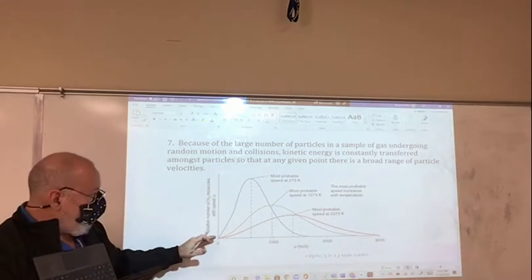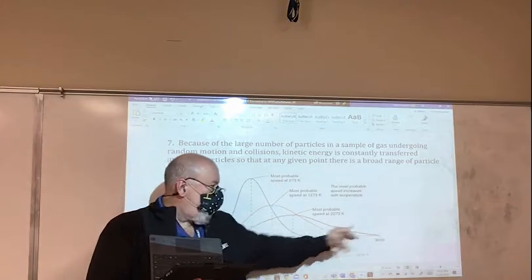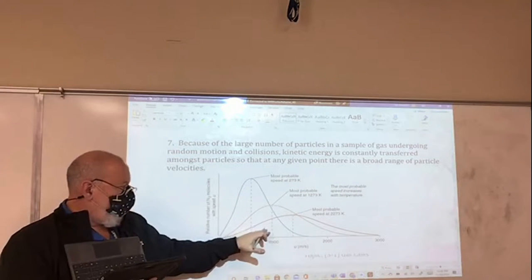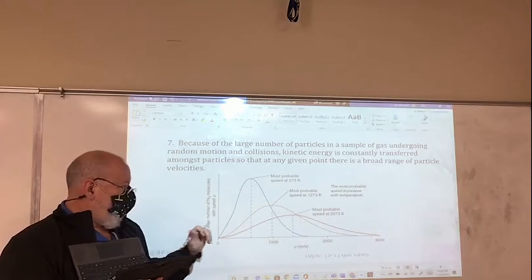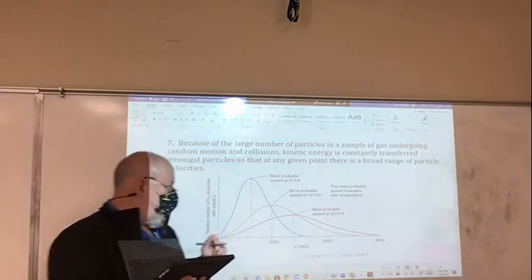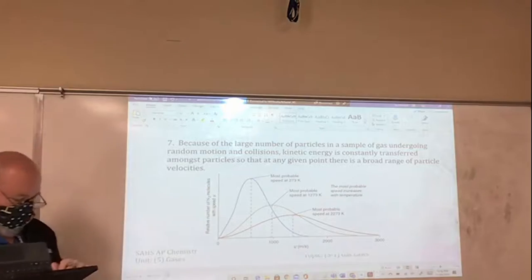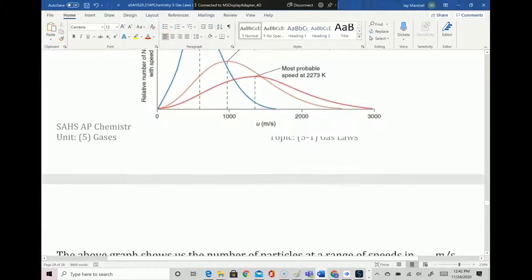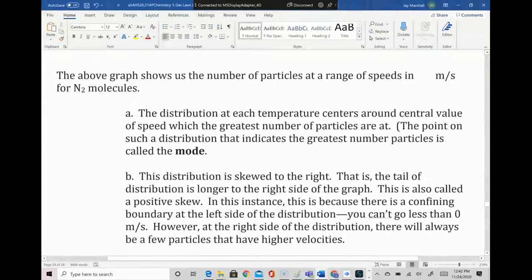Okay? Since I have more speeds that I could be at, I'm going to have fewer particles at each individual speed. And we also notice that this skews a little bit to the right. Okay, and we're going to talk about that. So the above graph shows us the number of particles at a range of speeds in meters per second for nitrogen molecules.